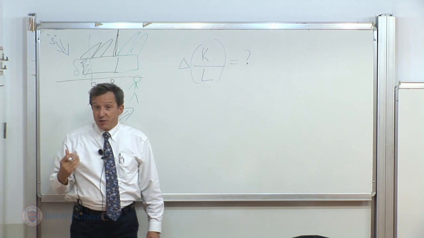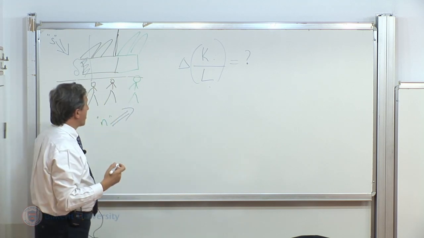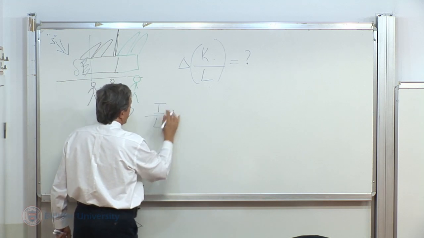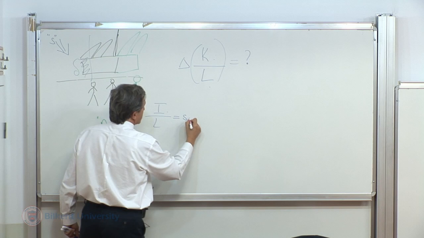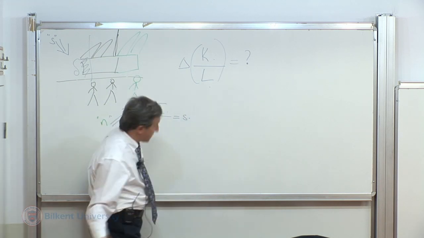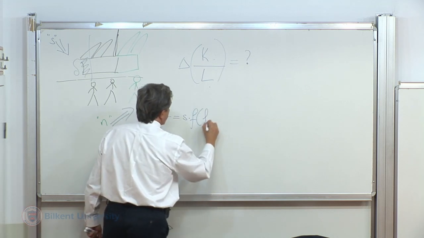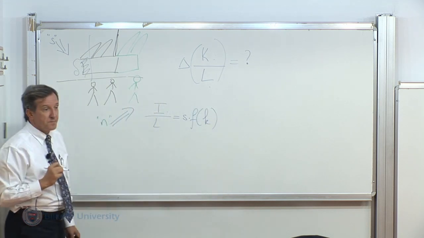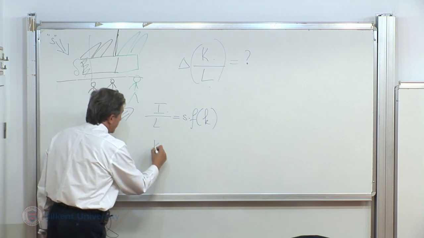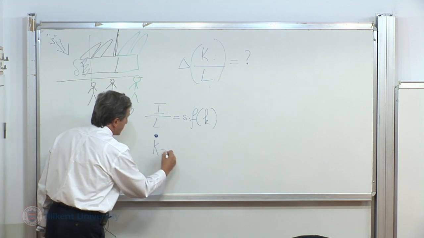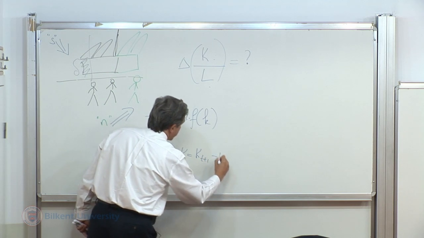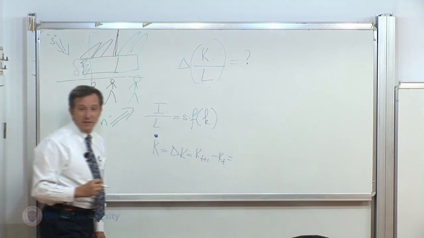Under the neoclassical assumptions, one neoclassical assumption is investment per labor is equal to savings per worker. And I also know that in this economy, capital changes, that is changing K, or K_{t+1} minus K_t. That's the synonymous notation.